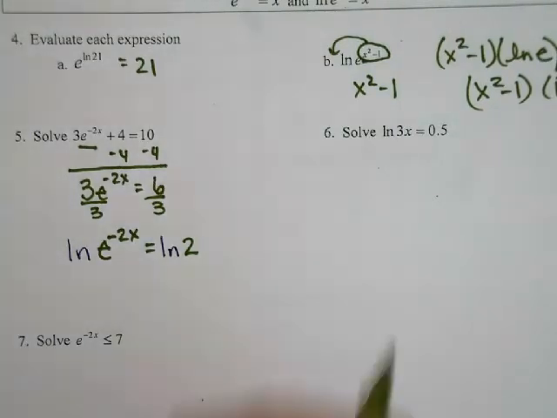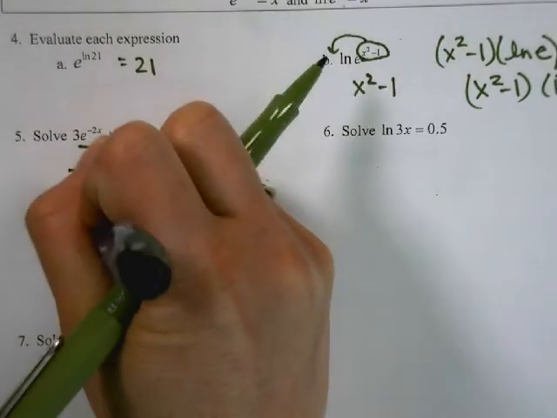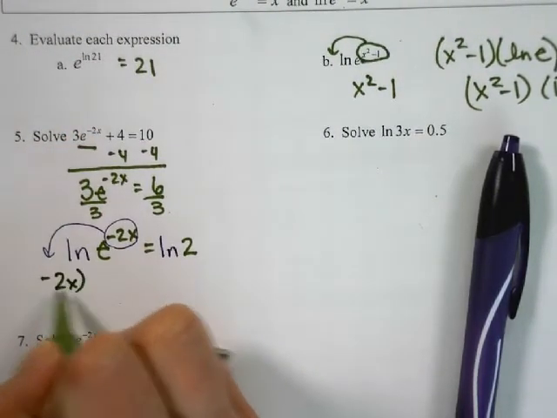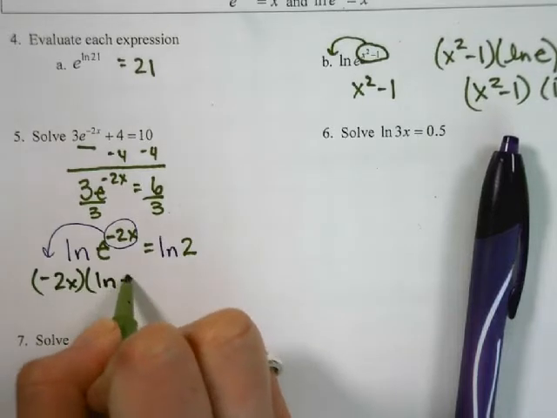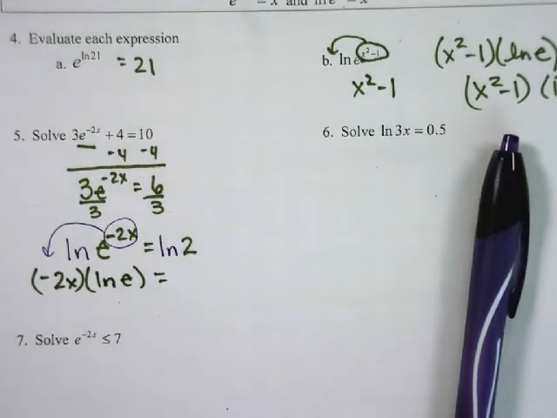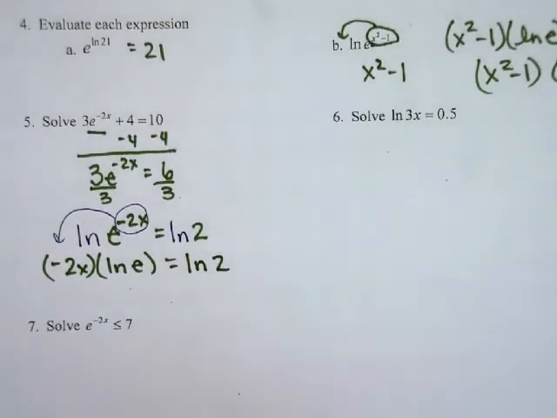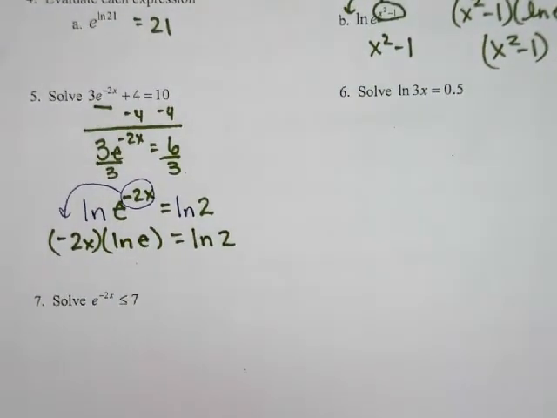All right, our favorite come on down rule. This guy is negative 2x times the natural log of e equals the natural log of 2. All right, well, what do you remember about the natural log of e? It's 1, right?